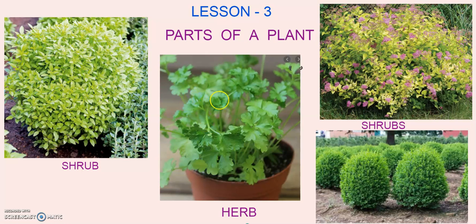Shrubs and herbs are short plants. Sometimes the branches of these plants may touch the ground. These shrubs and herbs have multiple branches and they are very short and weak.